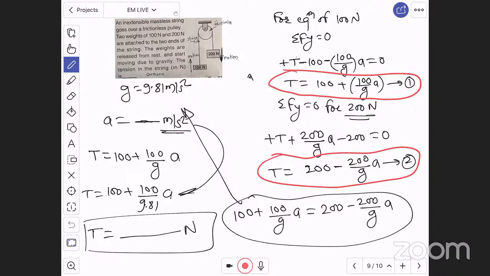Solve this. Write your comments. Comment box में मुझे इसका आंसर बताना है आपको. I am here for next 5 minutes. नेक्स्ट 5 मिनट के लिए मैं लाइव रहूंगा. जो भी कुछ डाउट होगा मुझे नेक्स्ट 5 मिनट में पूछो. Ask any doubt in next 5 minutes and tell me tension value.